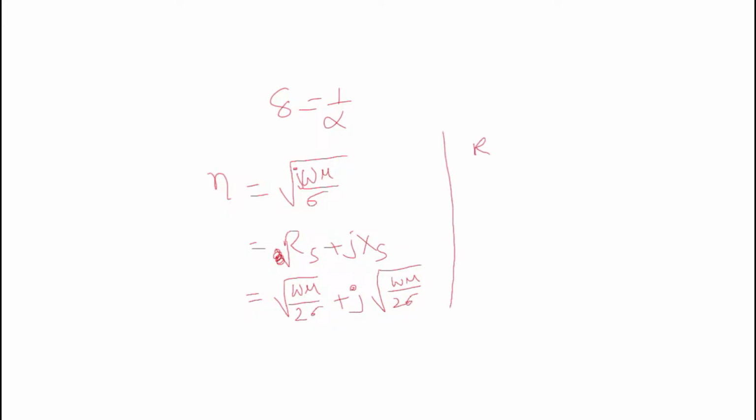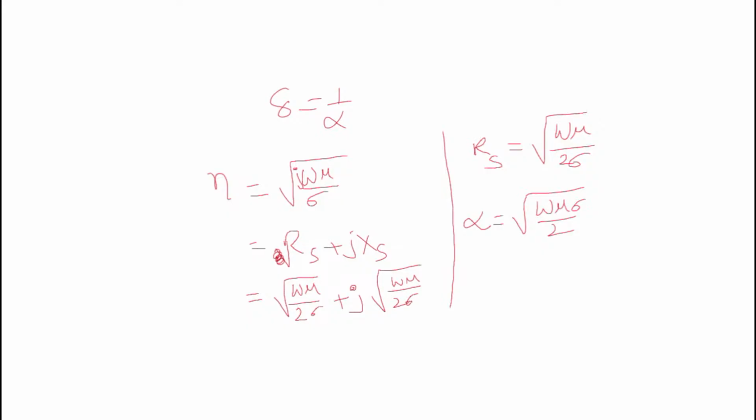I have to get the relationship between this RS and the skin depth. RS is equal to under root omega mu by 2 sigma. But I know alpha for a good conductor, alpha equals under root omega mu sigma by 2.